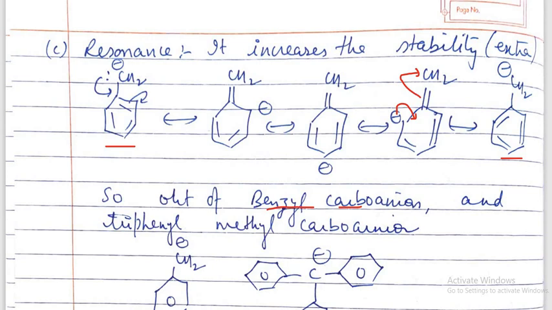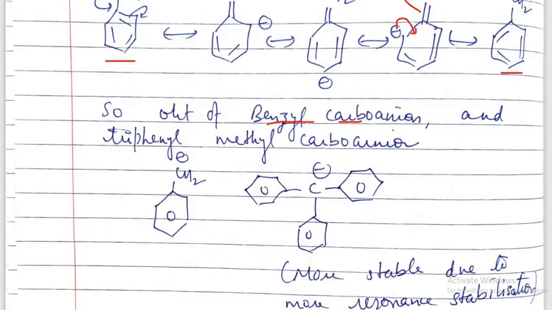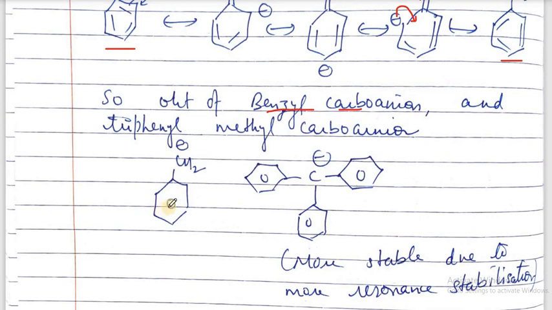But now if we compare these structures, in this carbanion only one hydrogen is replaced with benzene, and in the other both hydrogens are further replaced by phenyl groups. So if we compare these two structures, which will be more stable? The phenyl group gives various resonance structures as seen above.